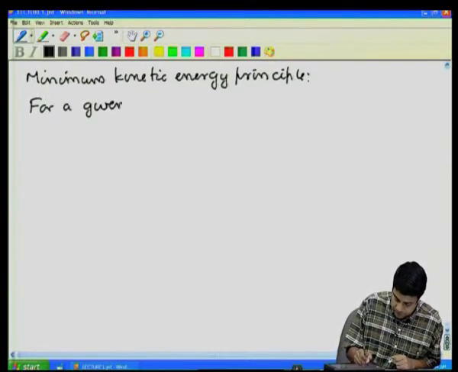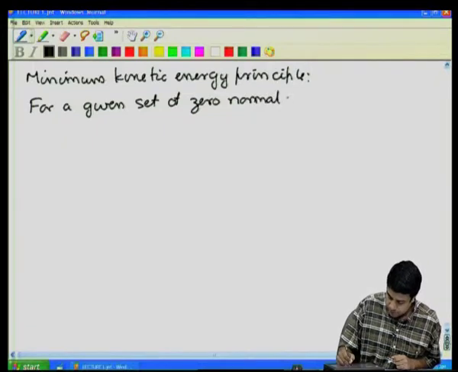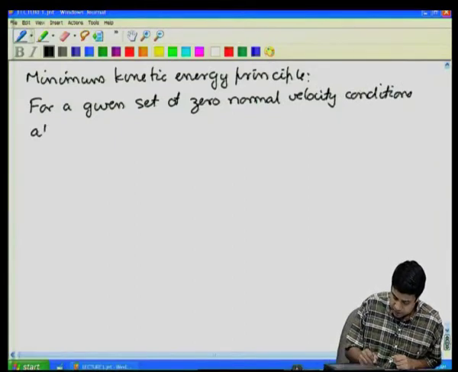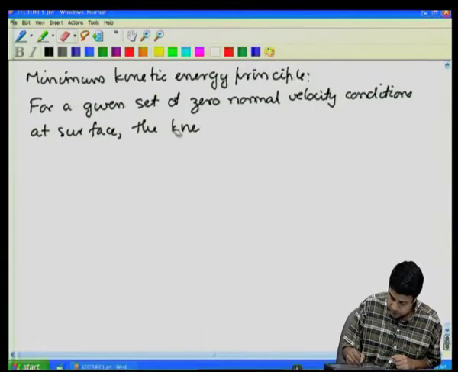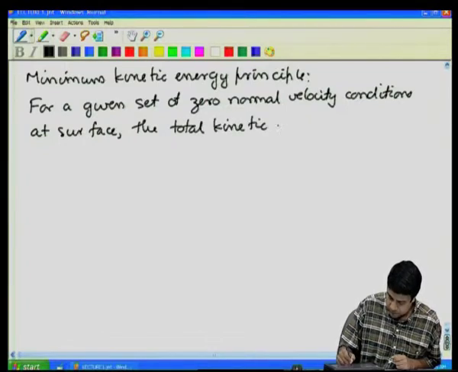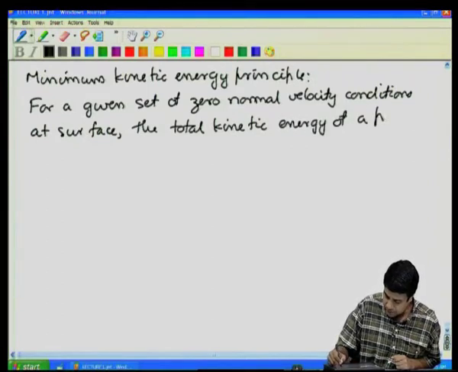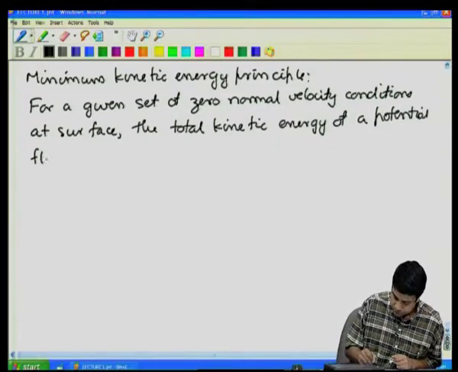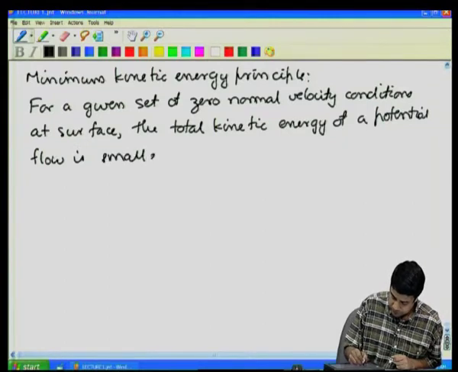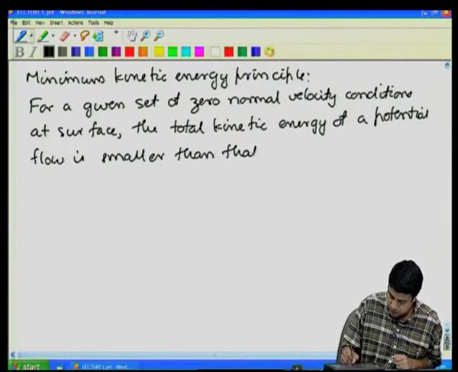For a given set of conditions at surfaces, the total kinetic energy of a potential flow is smaller than that of any other flow.